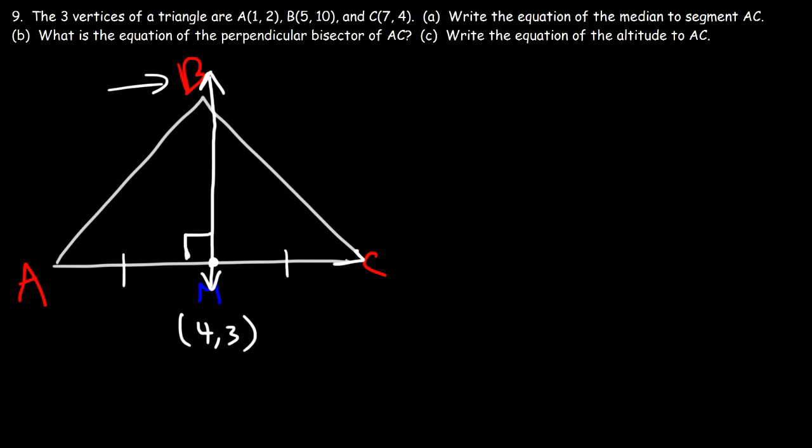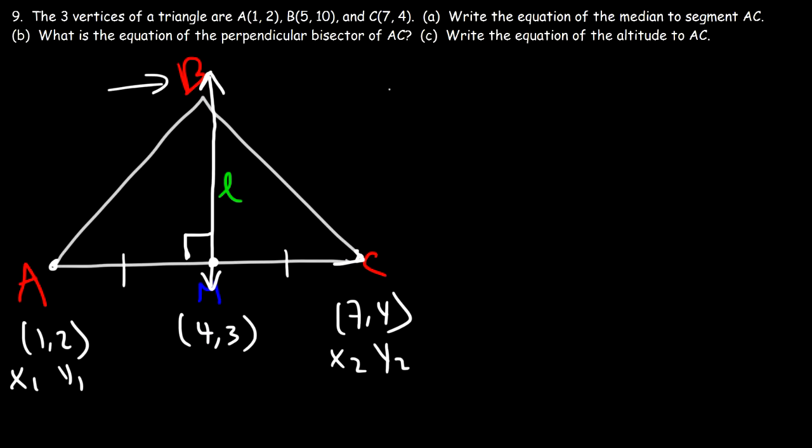Now what is the slope of the perpendicular bisector? Let's call this line L. What is the slope of line L? First we need to calculate the slope of line AC, then we can find it for line L. So A is 1, 2, and C is 7, 4. Let's call these x1, y1, x2, and y2. So the slope for segment AC is y2 minus y1 divided by x2 minus x1.